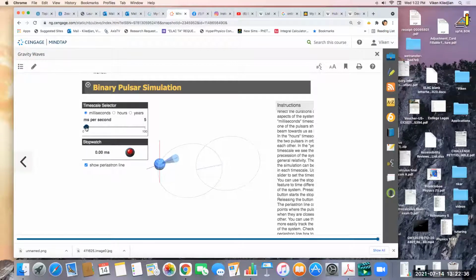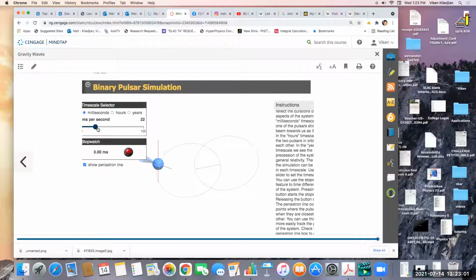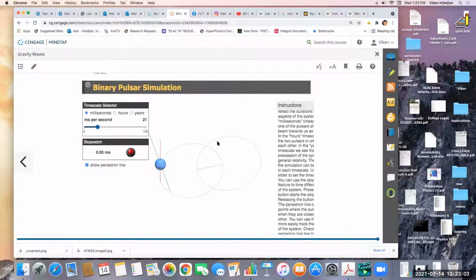Why isn't it starting the clock? This is tough. What I'm asking you guys to do is tough. Hold on. What if I make it even smaller?